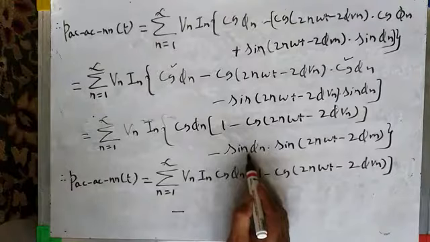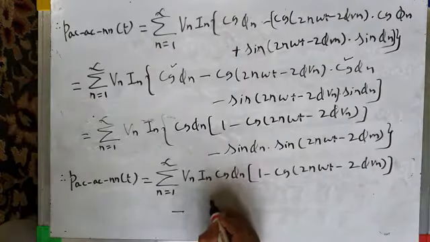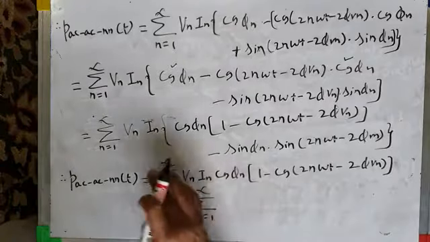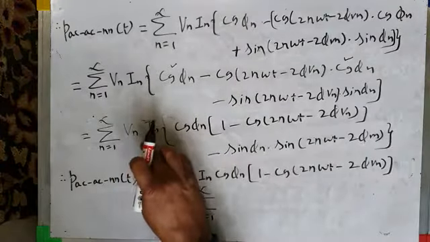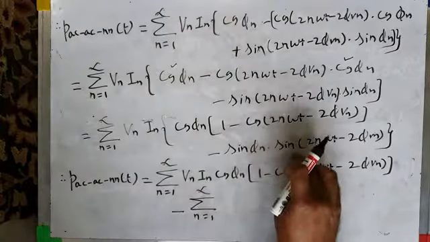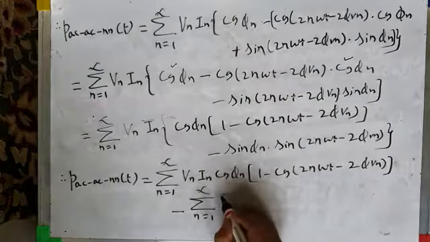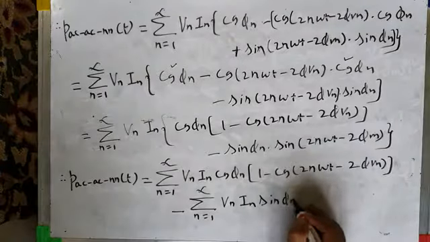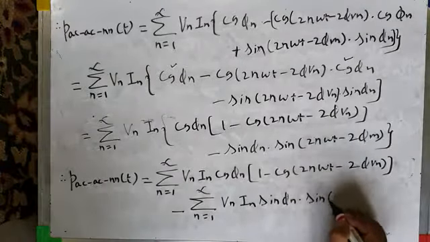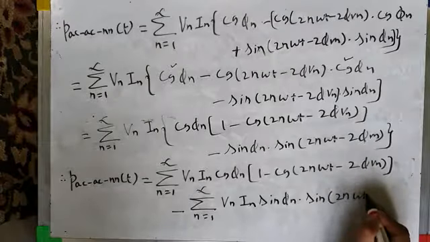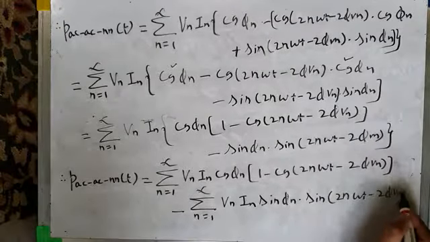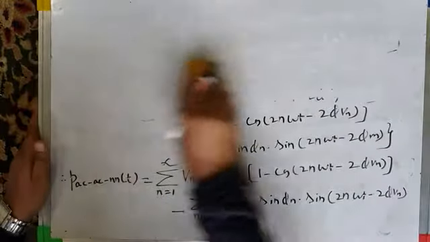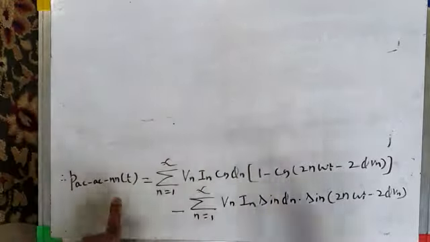I will multiply with this term also, and I will take the summation n equal to 1 to infinity. I mean, first I am multiplying Vn In with this term, and then I am applying with the second term. So n equal to 1 to infinity Vn In sine phi n sine of 2n omega t minus 2 phi Vn. Fine, that's all. So this is our final expression for this term PACACNN term.